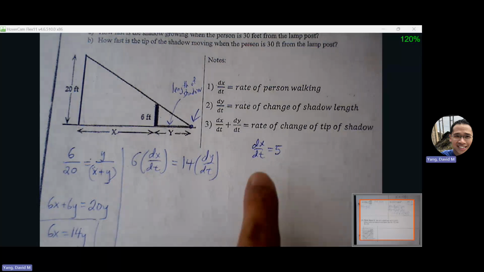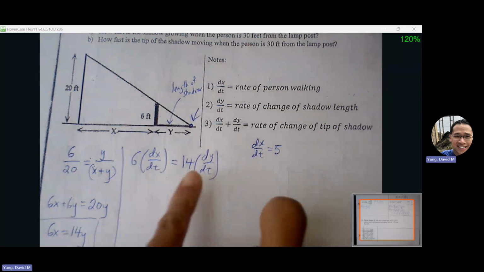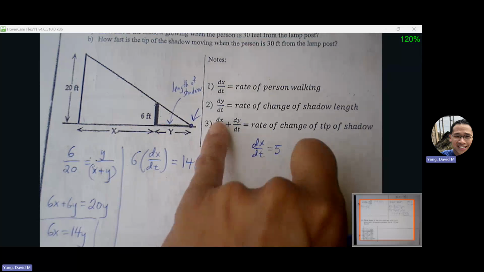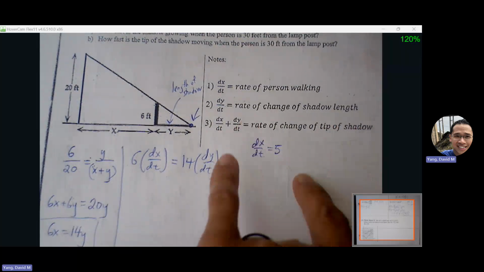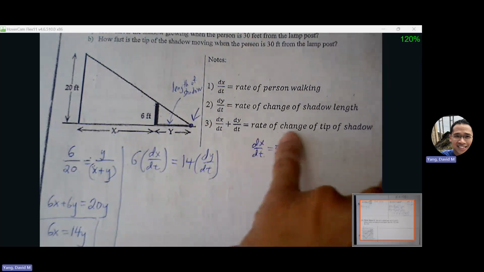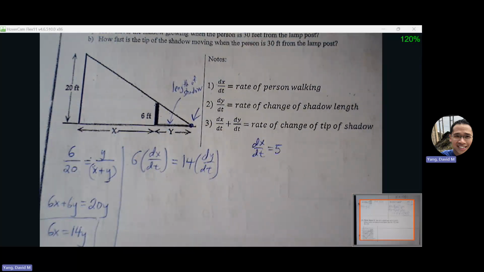And that's all we need, because if I can plug 5 in here, I can solve for dy/dt. If I can solve for dy/dt, then I have my rate of the shadow length. And if I have both dx/dt and dy/dt, then I can find the rate of change of the tip of the shadow.